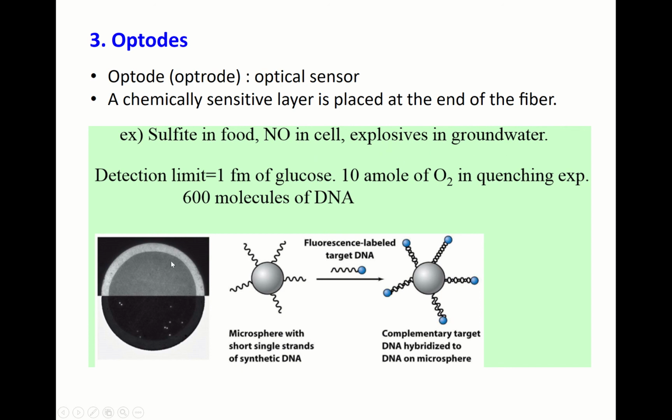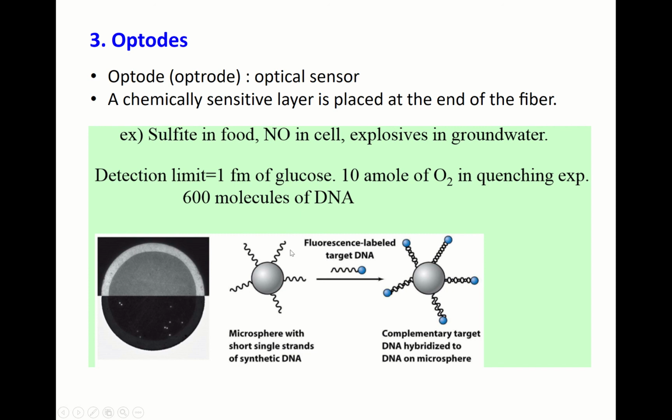When light enters this optical fiber, it first meets this chemical. The chemical absorbs, or it generates fluorescence, and you see the components, the molecules of your interest to detect.